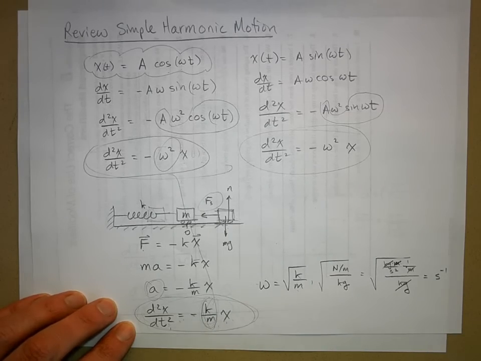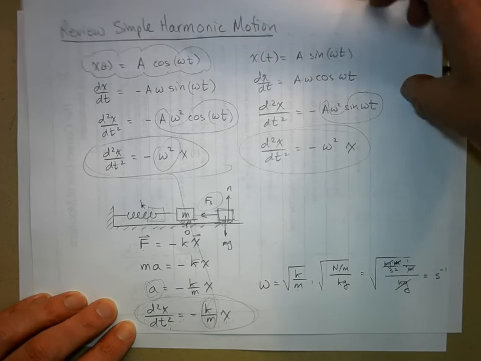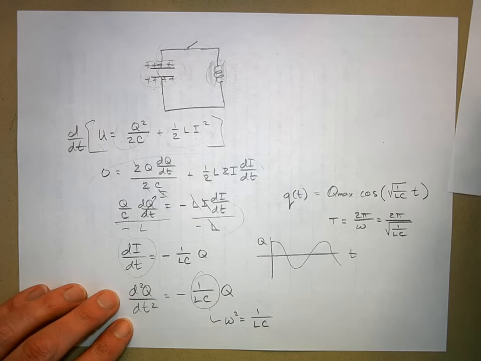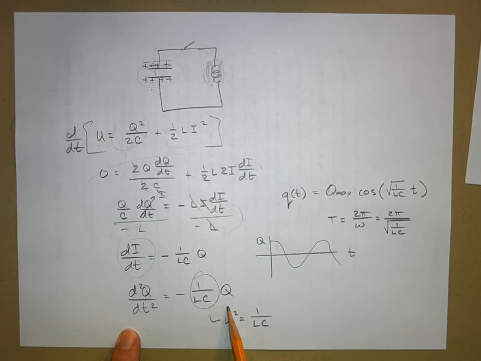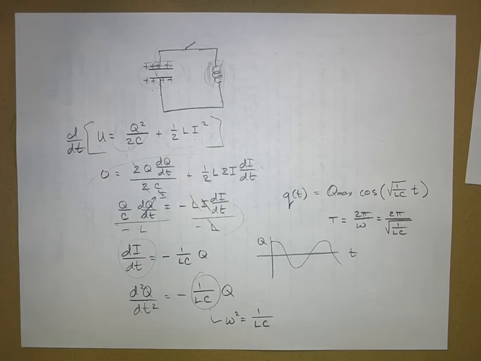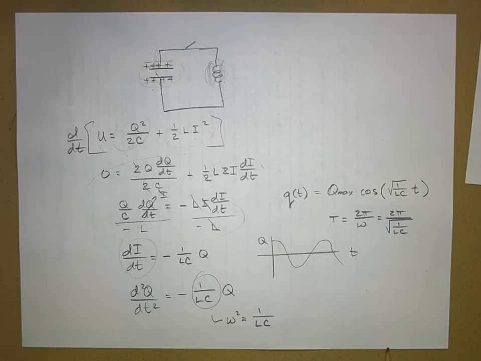A cosine wave or a sine wave is a solution. Now, when I did an LC circuit, I got the same mathematical structure, the same kind of differential equation, which means the solution is a sine wave or a cosine wave. With the mass spring system, you're talking about position as a function of time. Here, we're talking about charge on the capacitor as a function of time. But the idea is this: it's going to oscillate the same way.